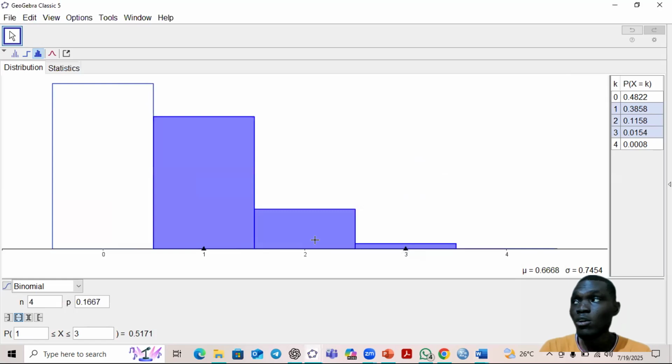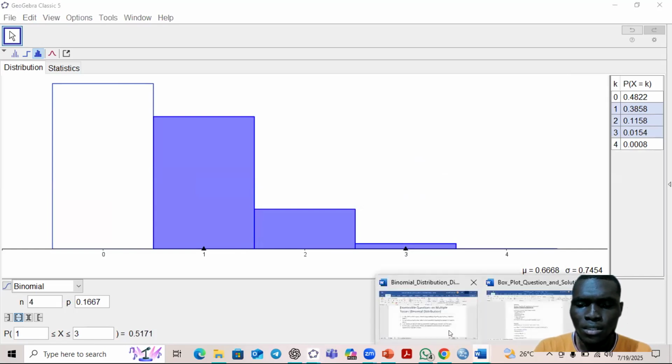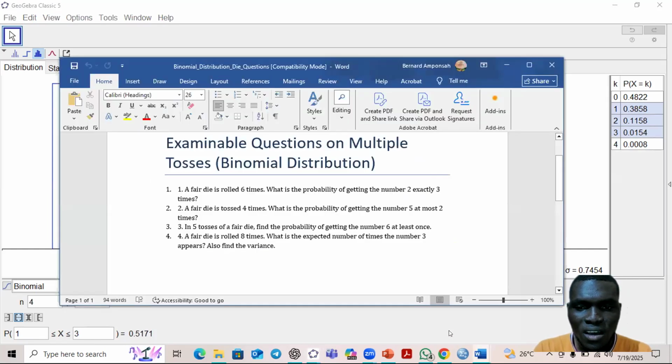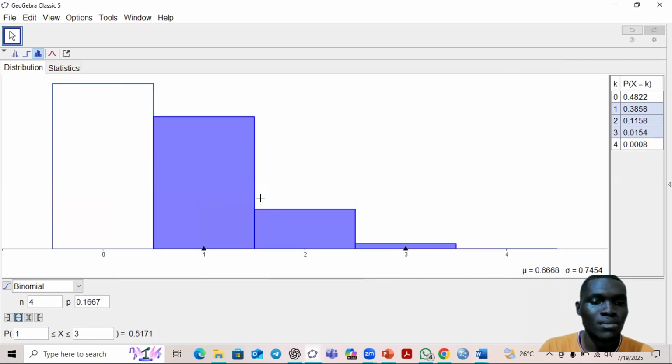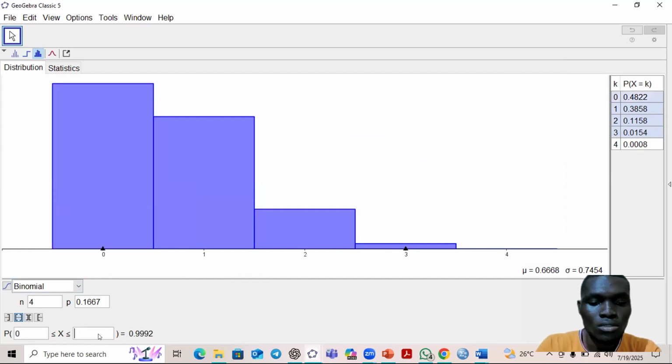So we want the number 5 at most 2 times. That means it should start from 0. It should be between 0 and 2 inclusive, which will be 0.9838.